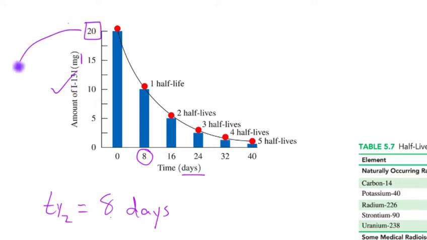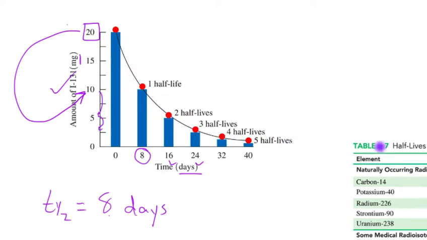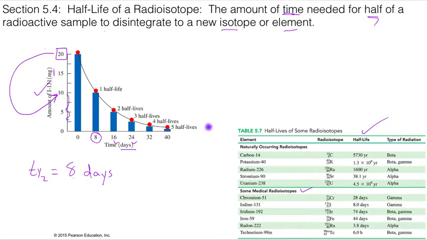How long does it take for it to drop down to 1/2 of its original radioactivity, or the mass there? It takes 8 days. And you can see this, as you repeat every 8-day interval, then it drops down 1/2 of the remaining amount that you have. And that's why it does this exponential decay. And this tail here will travel out for a very long distance.